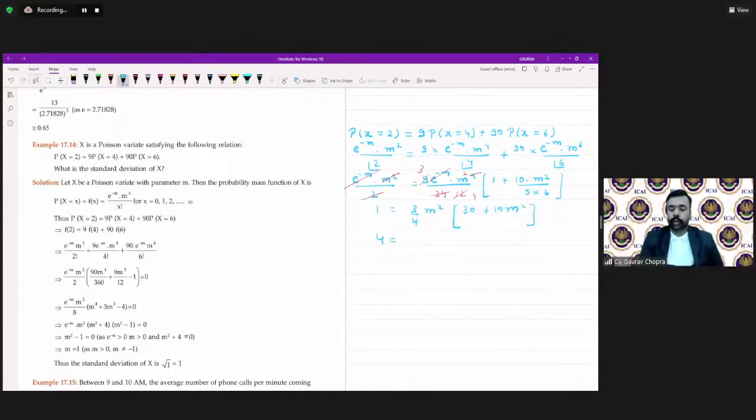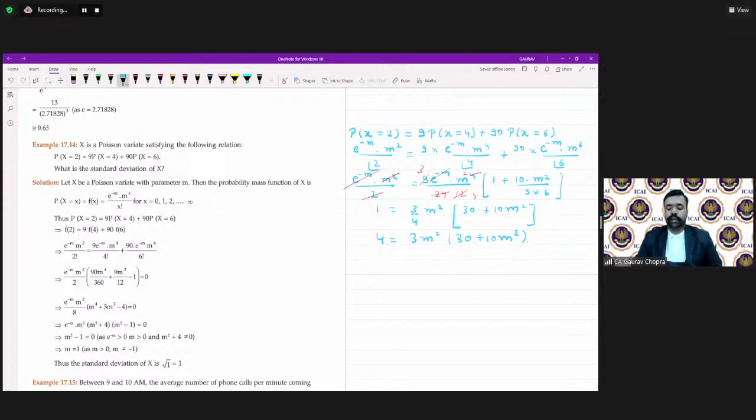So 4 is equal to 3 m square multiplied with 30 plus 10 m square. So you can solve this kind of equation. And also, if options are available, you can simply substitute the value and get the result. All right.